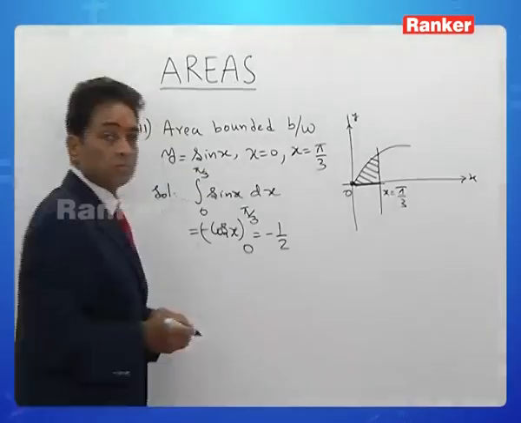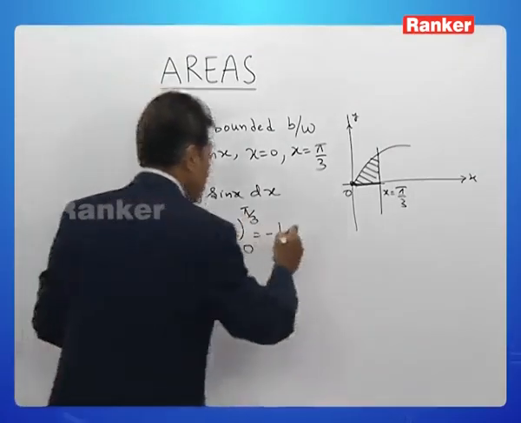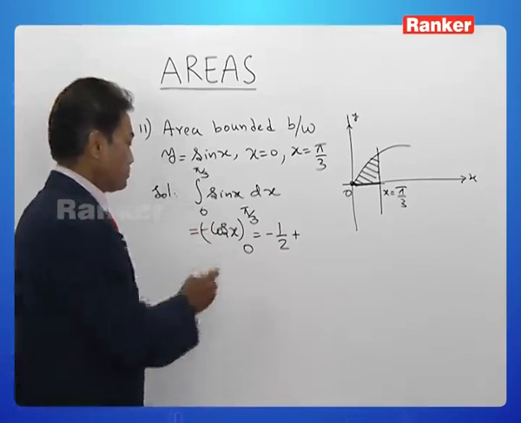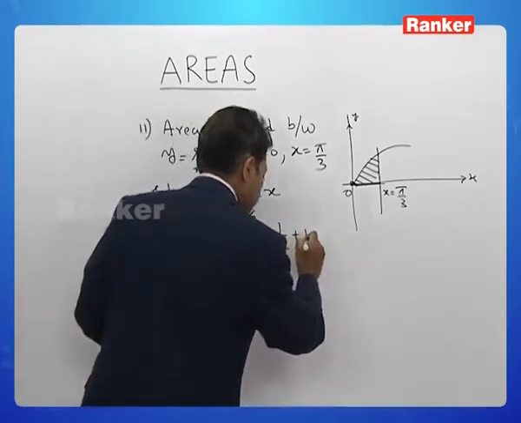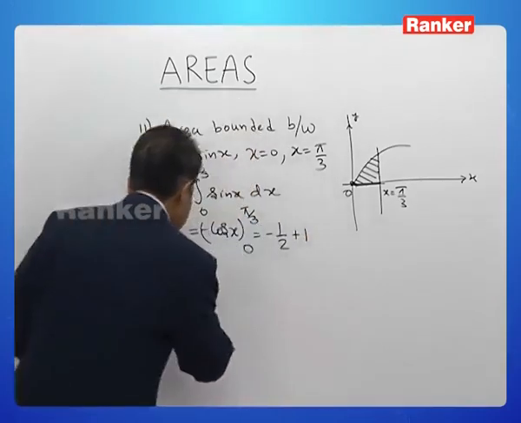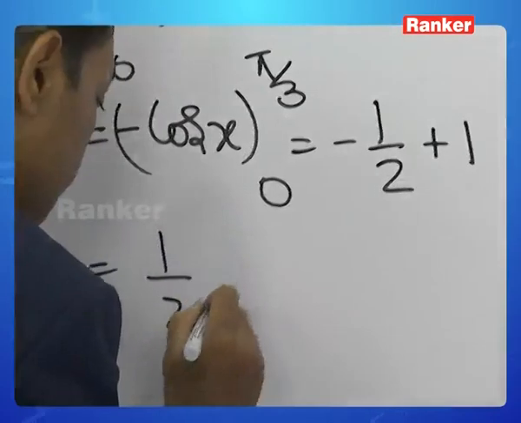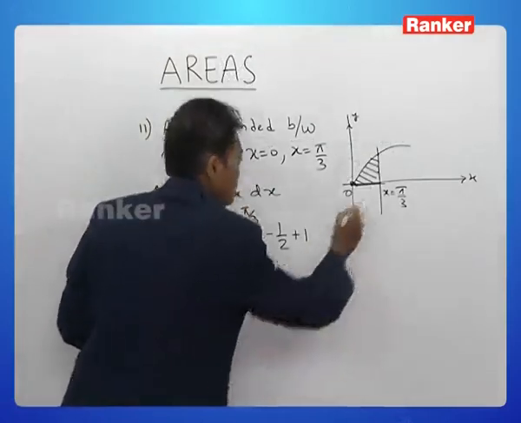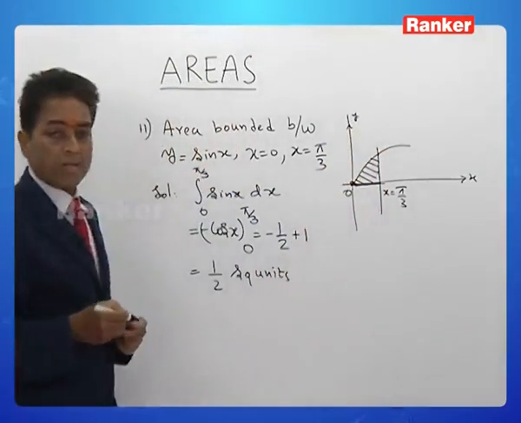Cos 60 value is 1 by 2. Minus into minus, the lower limit to be subtracted. Apply 0, cos 0 is 1. So 1 minus 1 by 2. What is the resultant? 1 by 2 square units. This is 1 by 2 square units.